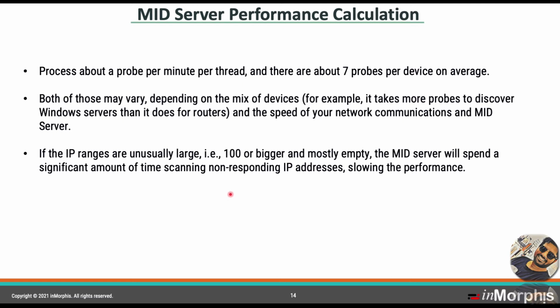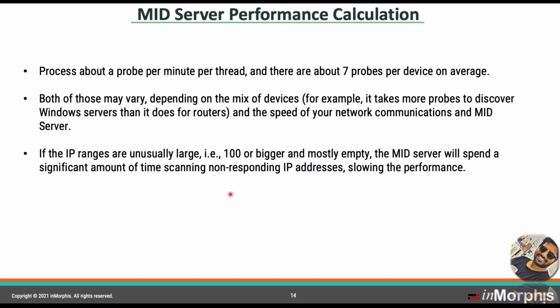That again depends on what kind of device you have and what kind of network communication. But from my experience and from others' experience, we have seen there are a maximum of 7 probes that actually work on a device on average. So a MID Server processes one probe execution per minute per thread.